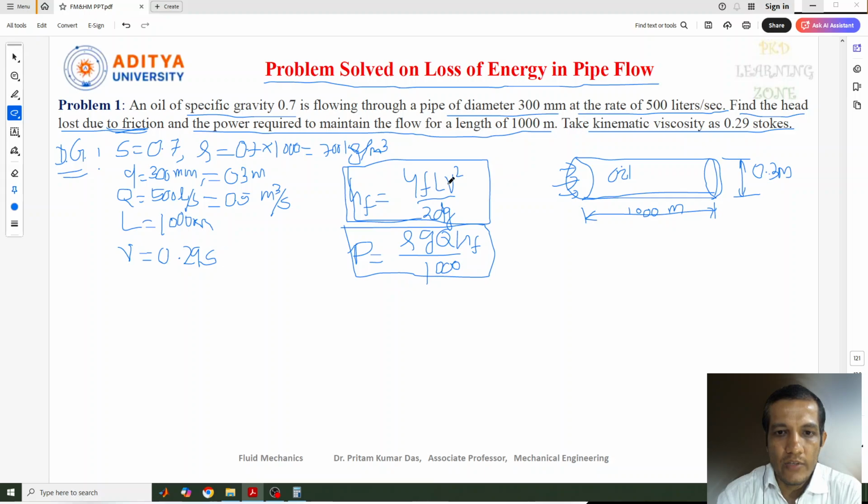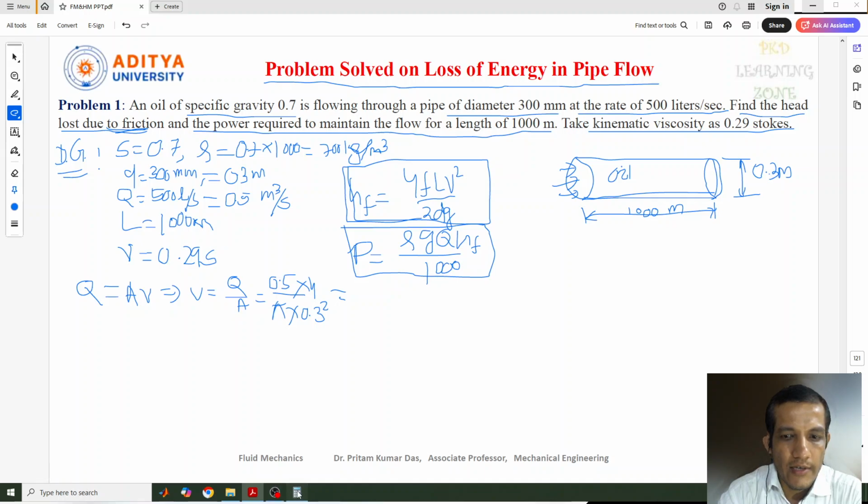So first let's find out the V value, because we know that the rate of flow Q equals area into velocity. So we can write velocity equal to Q by area. So Q by area is nothing but 0.5 divided by the area, pi by 4 d square. We can take this 4 to the numerator. D value is 0.3 square.